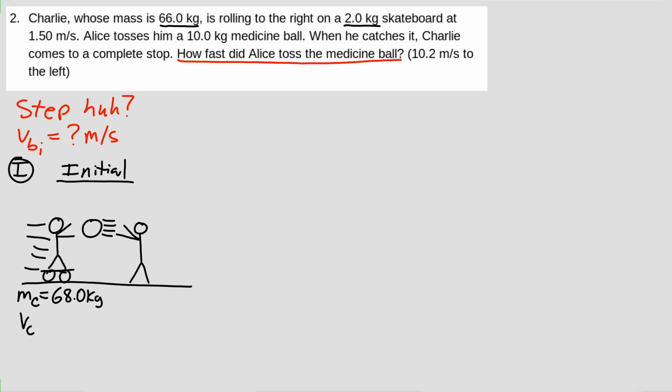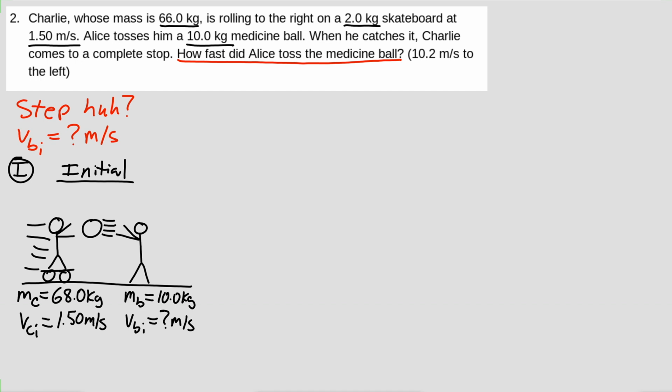And they have some initial velocity, v Charlie initial, that's that number, 1.50 meters per second. Now the other thing going on here is we have the medicine ball. So mass of ball is equal to 10.0 kilograms. That's that number. The velocity of the ball initial is equal to question mark. This is actually what we're looking for.